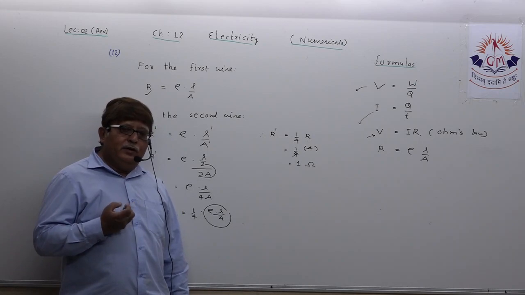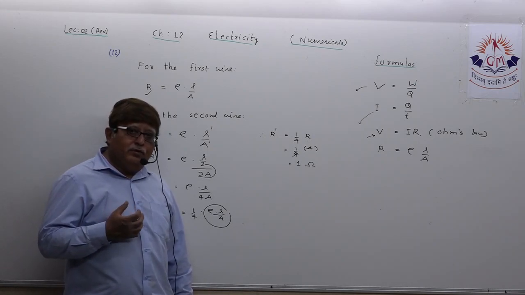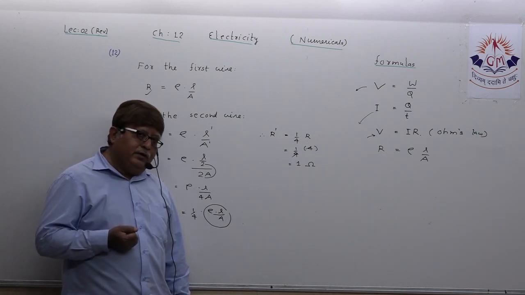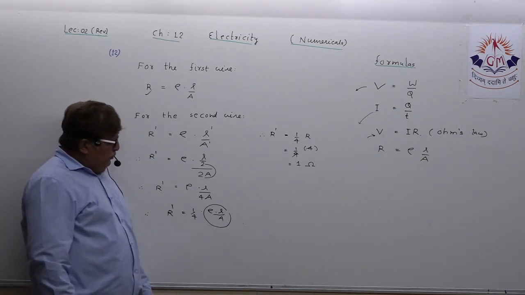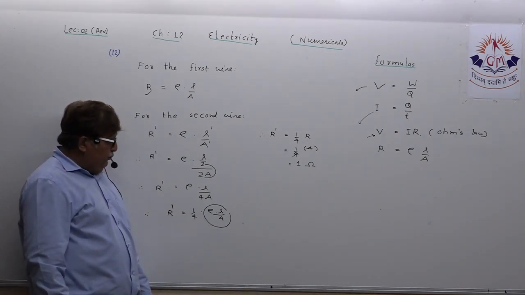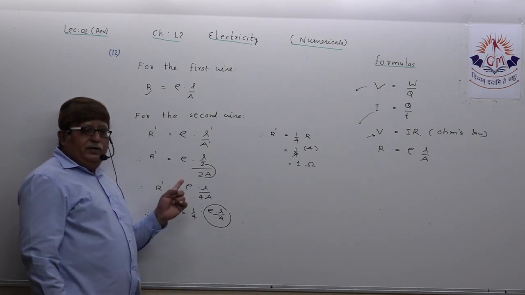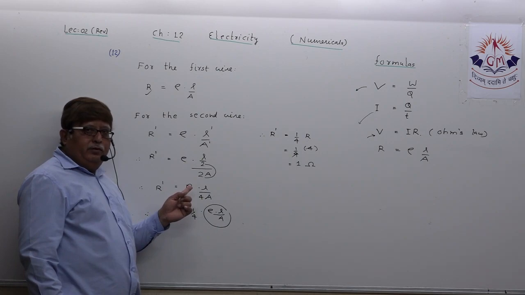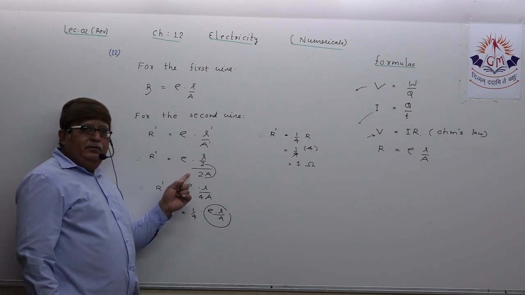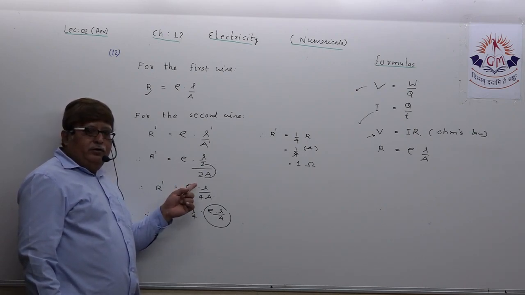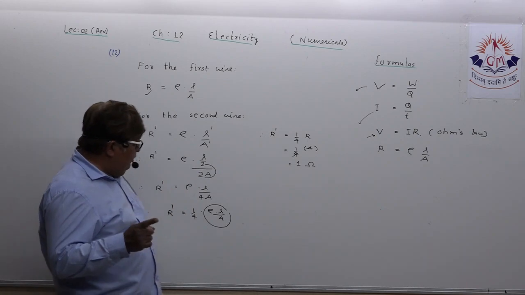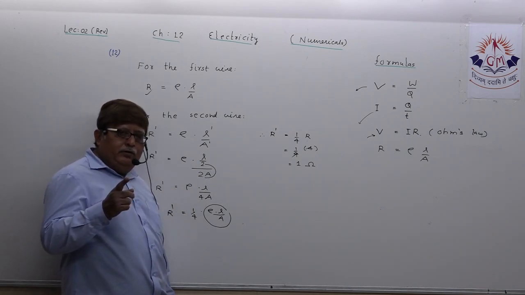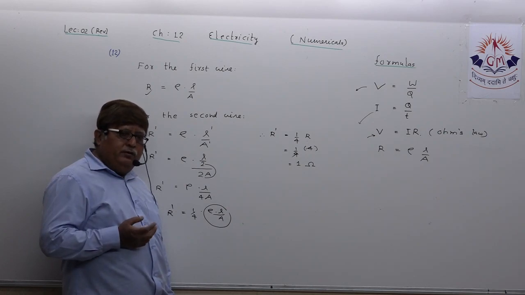This way, they can design the MCQ. Understood? Anyway, MCQ can be formulated. Suppose, let me ask you one MCQ. The MCQ which I have just now told you, the same MCQ I have designed. Here they have taken two wires. Second wire length is half, area of cross section double. Now, when I asked one such MCQ in WRT, some students were querying.